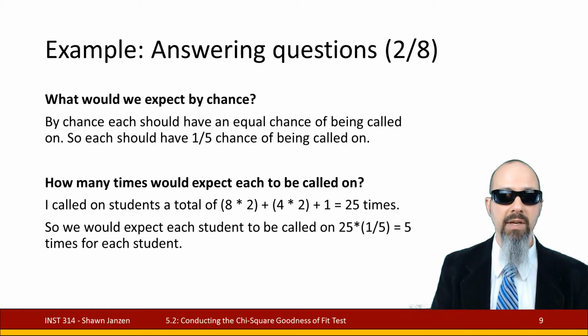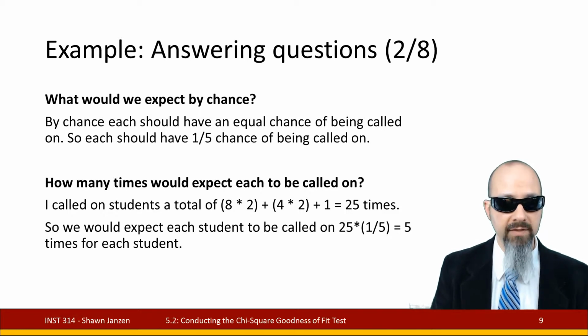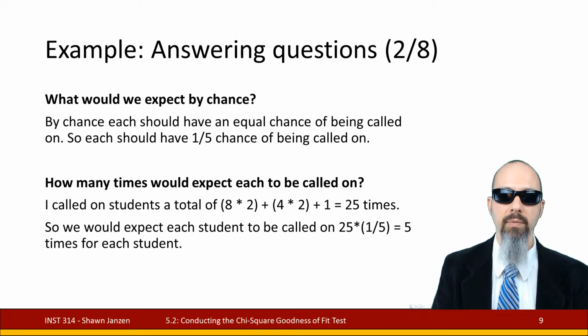I figured that out because A and B were 8 times, and there's 2 of those students. C and D were 4 times, and there's 2 of those students. And then E I called upon once, and that comes out to 25 times. So if the chance of being called upon is 1 out of 5, and there's 25 times students were called, we would expect that each student should have been called 5 times, if everything is equal.